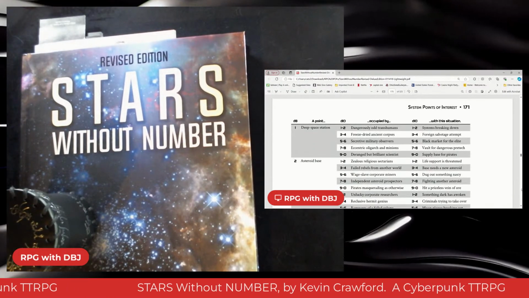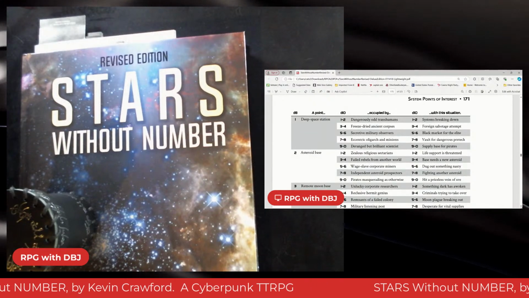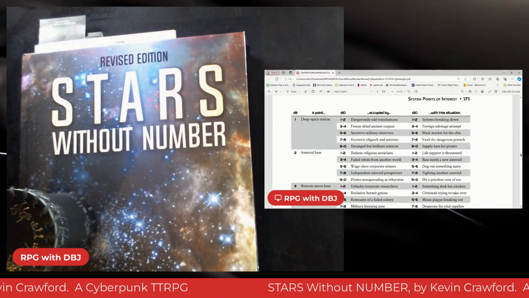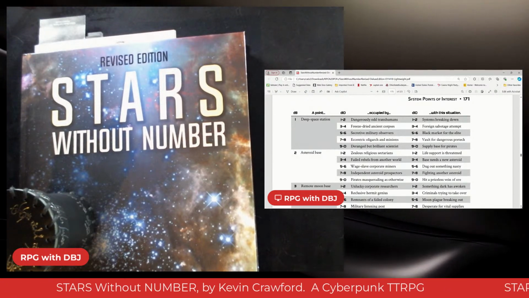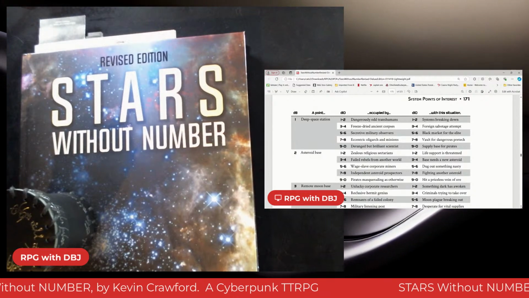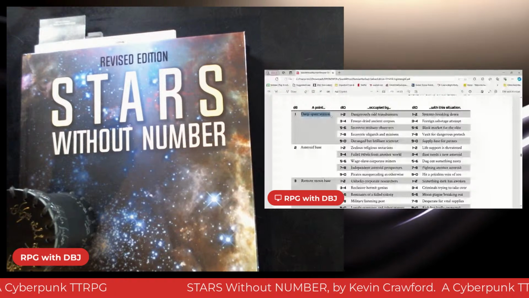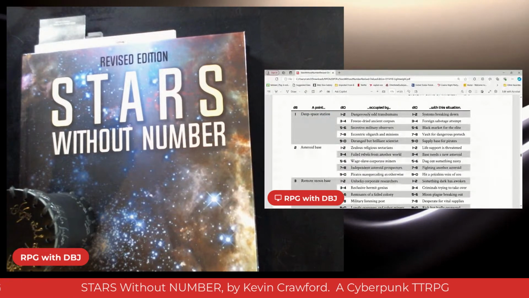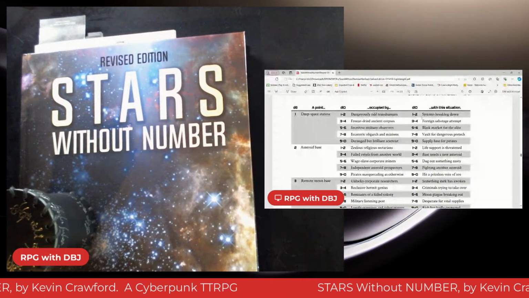And then we have other things like other points of interest. And I love compound tables because you can get so many different iterations on it. So, for example, here, if you roll a d8, number 1 is a deep space station, and then you have a d10 for occupied by, and then there's some choices here, and then another d10 with this situation.